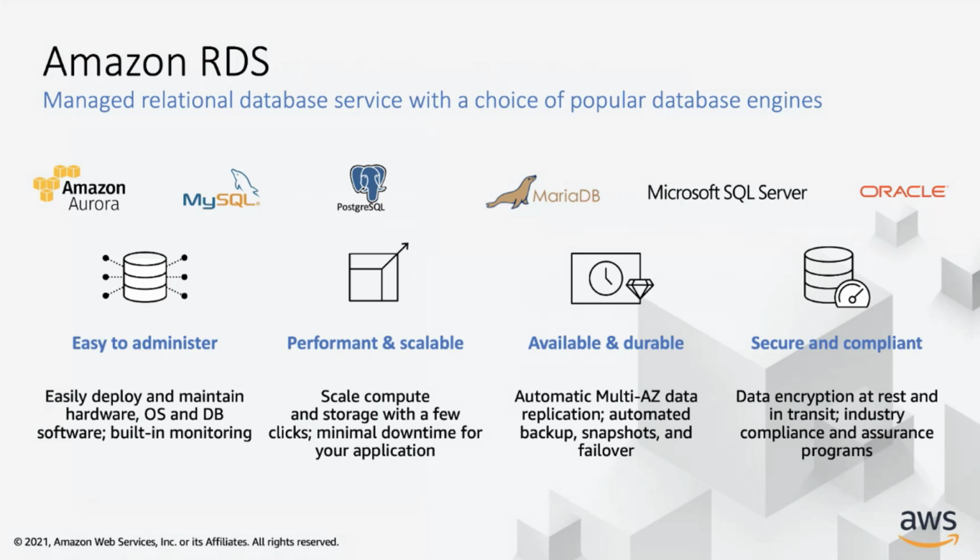A big part of what RDS and Aurora do for customers is that automation. We basically automate the heavy lifting of managing databases day in, day out. And there are dozens of things that we automate. Just to give you a few ideas, with the click of a button, we provision.